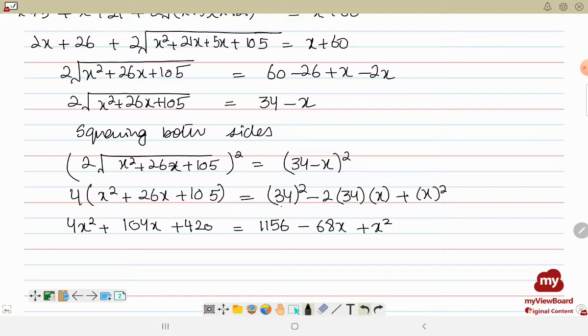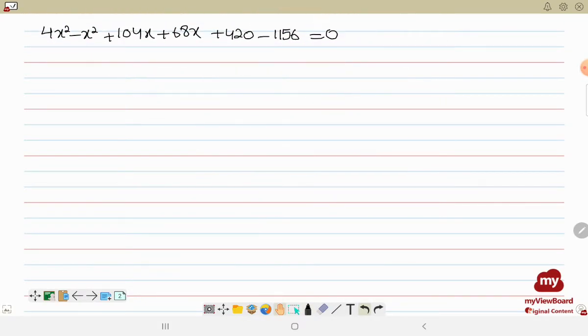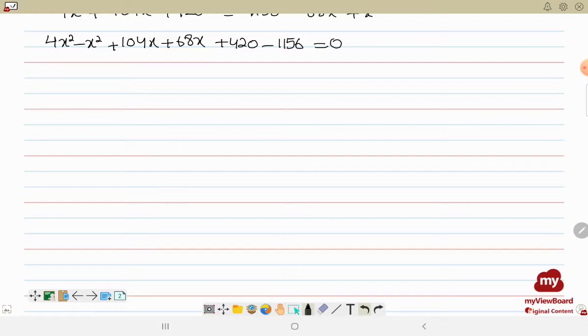Now we'll move all the terms to the left hand side: 4x square minus x square plus 104x plus 68x plus 420 minus 1156 equals 0. Now we'll further simplify it. 4x square minus x square becomes 3x square, 104 plus 68 becomes 172x, and here we have minus 736 equals 0.